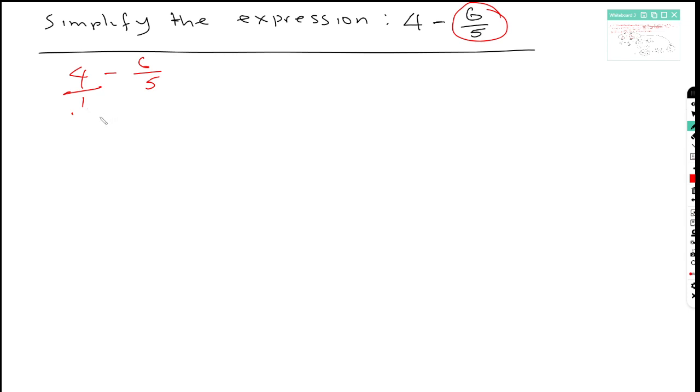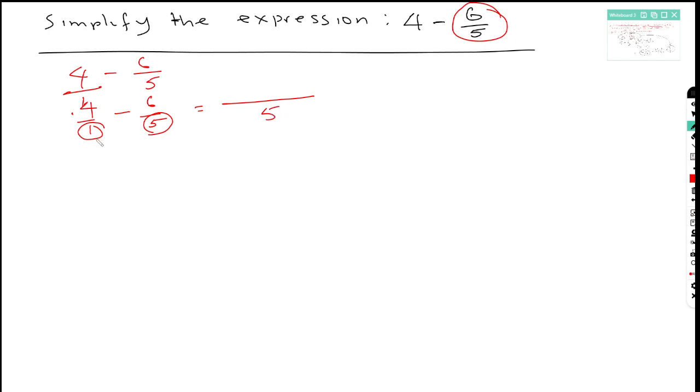That means we can say 4 over 1 minus 6 over 5. The largest denominator in the expression is 5. That's the largest, and it is evenly divisible by the other denominator 1. That means the denominator will be 5.